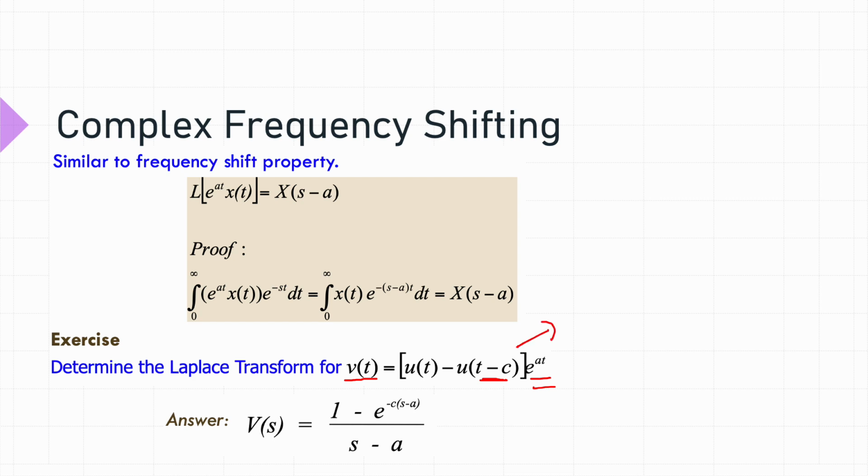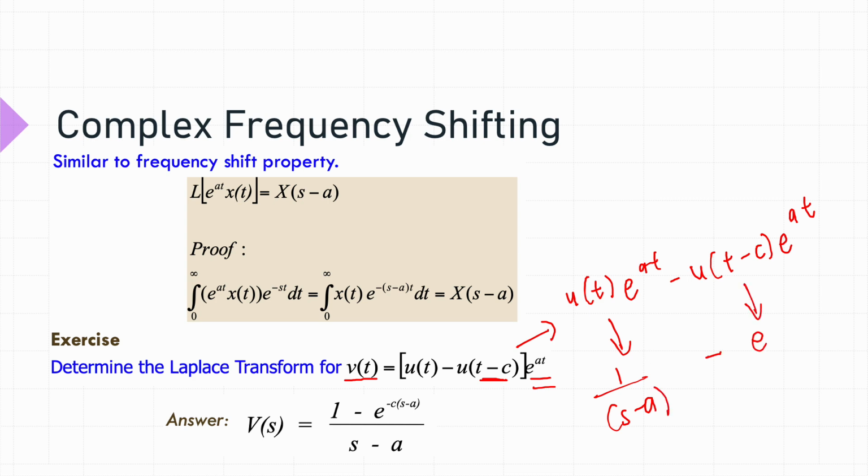If we rewrite this equation, it's going to be u(t) exponential at minus u(t minus c) exponential at. From here, the result is 1 over s minus a, and this becomes negative exponential c, because the time shift is c, times s minus a over s minus a. From here, we can rewrite the equation to become as such, right?